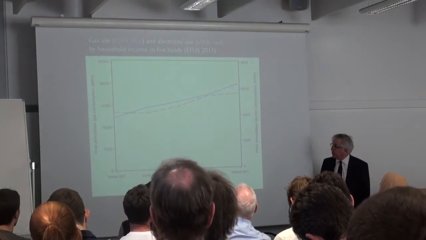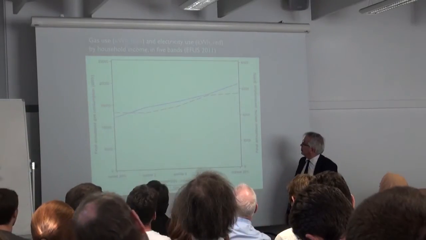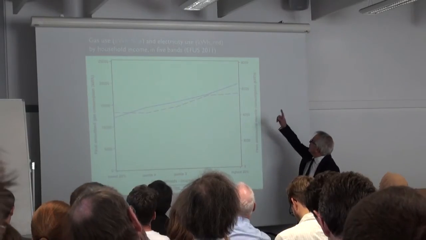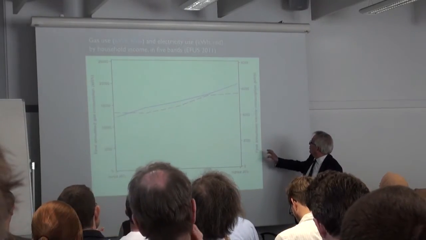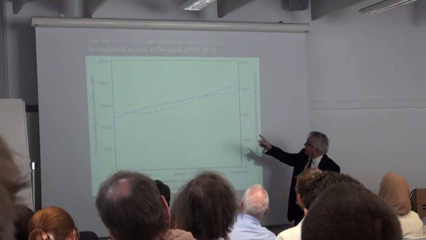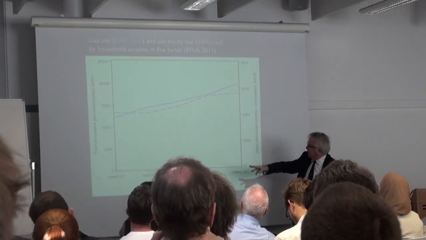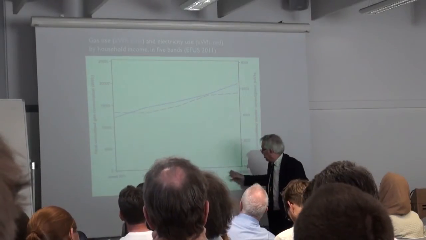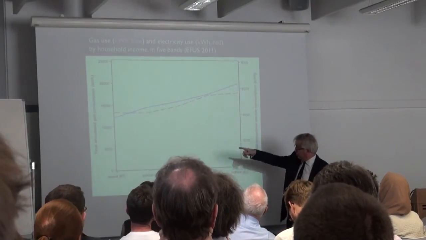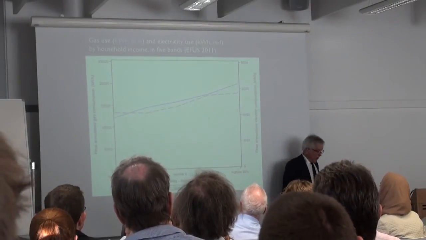And indeed, if you plot, as Ian Hamilton has done, on these y-axes, this is electricity use and gas use annually. The blue is gas, the red is electricity, and this is income in quintiles. So this is the highest income group, this is the lowest.